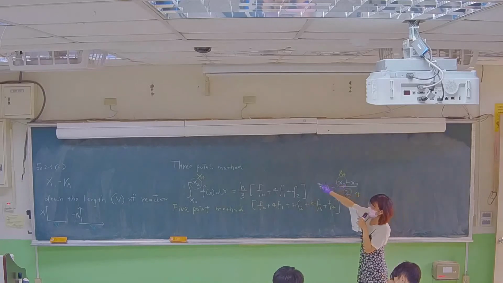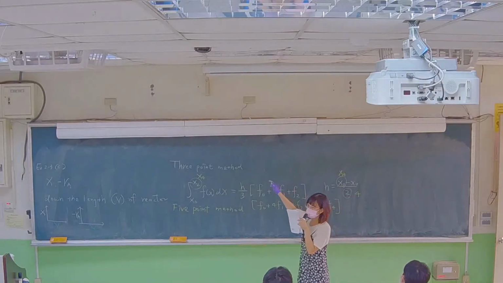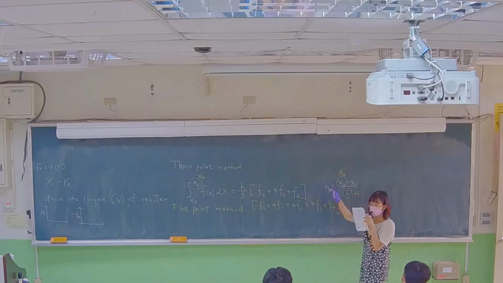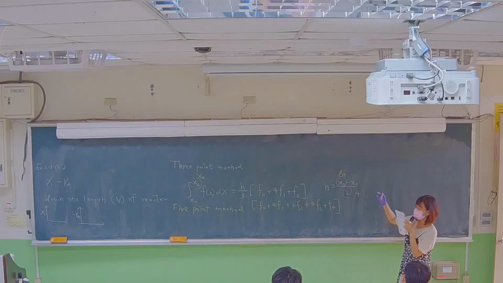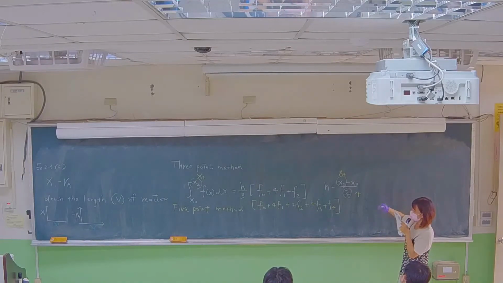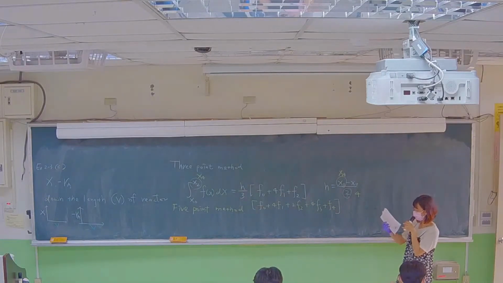But this one is much easier because you only use 3 points. But the answer is less close to the real value. But if you just want a qualitative curve, not very accurate, you can use the 3-point method. Okay, so let's see how many points we can obtain to draw the curve.